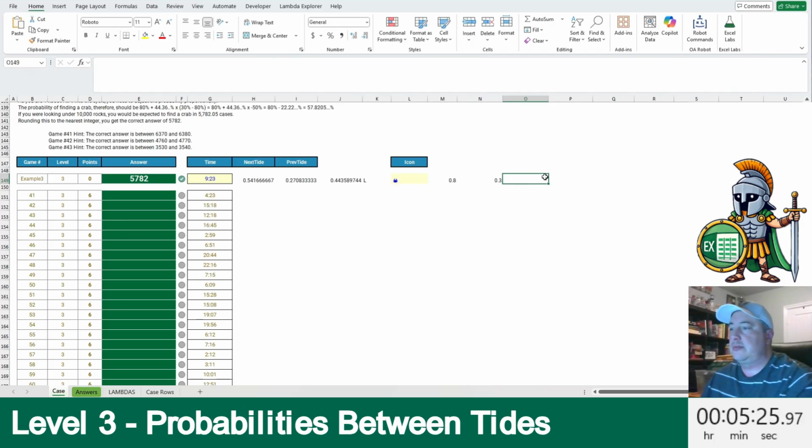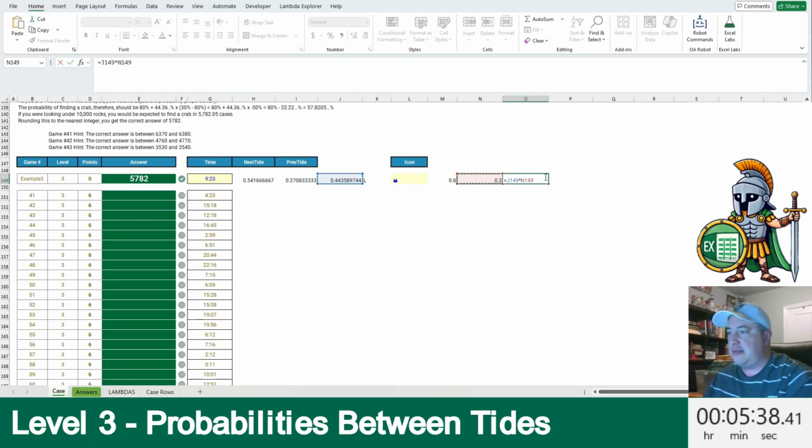Okay, so to get a weighted average, we're going to take the percentage and apply it to the percentage of the next tide, which is 0.3, and then we're going to add 1 minus our percentage times the previous tide percent.